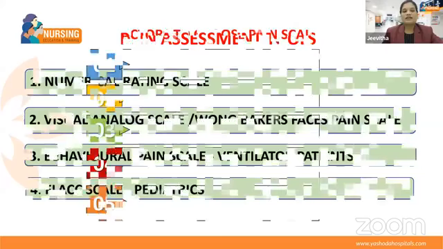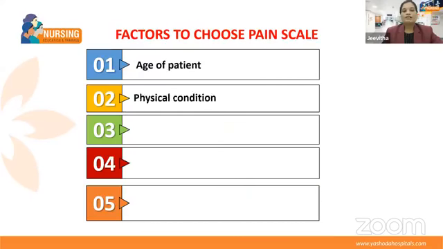Numerical rating scale. See, whenever you address the scales, you mainly have to see the age of the patient, because, as I mentioned earlier, you first have to consider the age. Sometimes the same scales can't be used for all adults. So for pediatric patients we have to use the FLACC scale, and you consider the physical condition of the patient and level of consciousness. Because if you take the numerical or Wong-Baker scale, you have to see the patient's response as well.